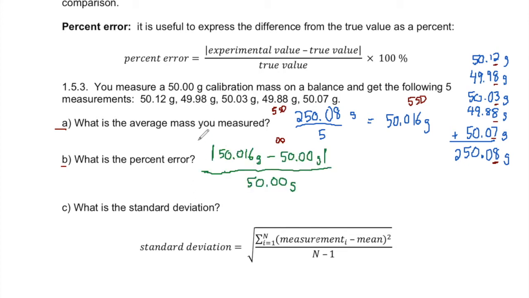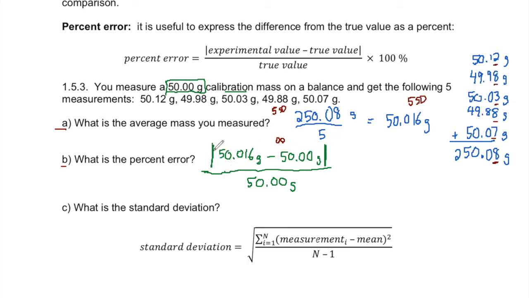Okay, so to calculate the percent error, we're seeing what the difference is between our measured average mass, which is 50.016 grams, and the true value, which is accepted to be 50 grams because it's a 50 gram mass. So we're using this for calibration. We're counting on this to be 50 grams.